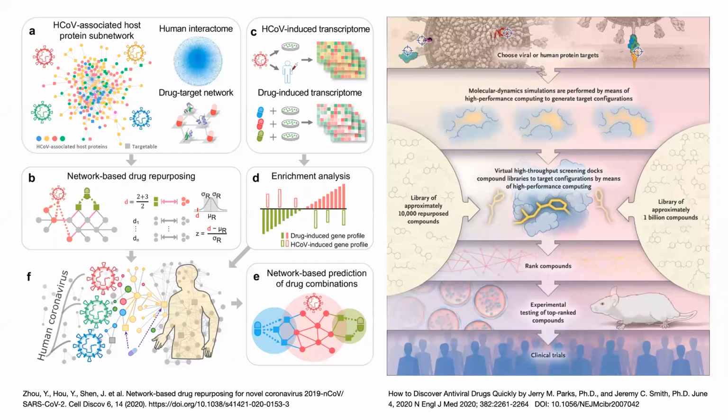Here are two reviews. One is a description of network-based drug repurposing, how you can take specific drugs that target specific proteins. Those proteins should be important to the way that the virus causes different responses at the host level.